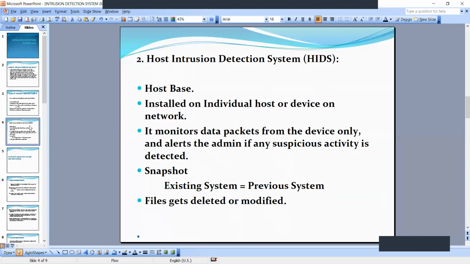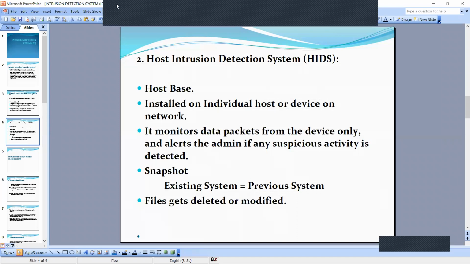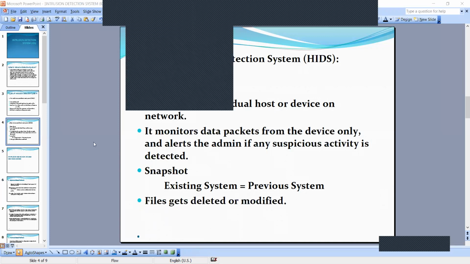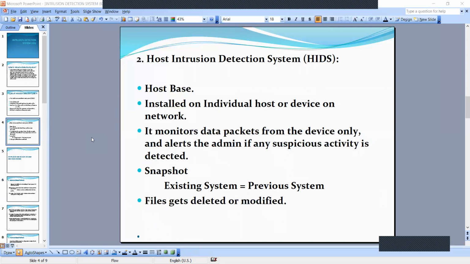The next one is the host intrusion detection system. Prashant, can you take to the next slide? Yeah, I'm on the next slide only. The next one is the host intrusion detection system, and this type is based on hosts.